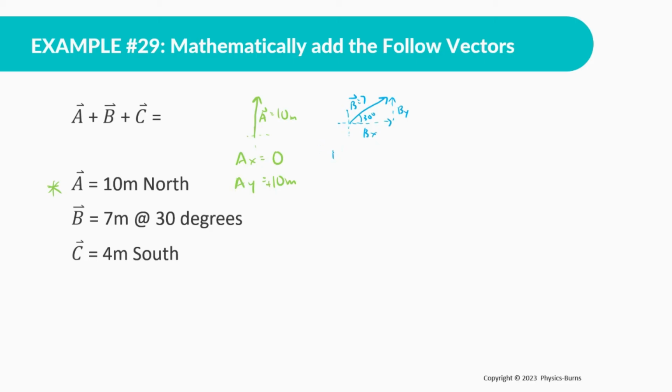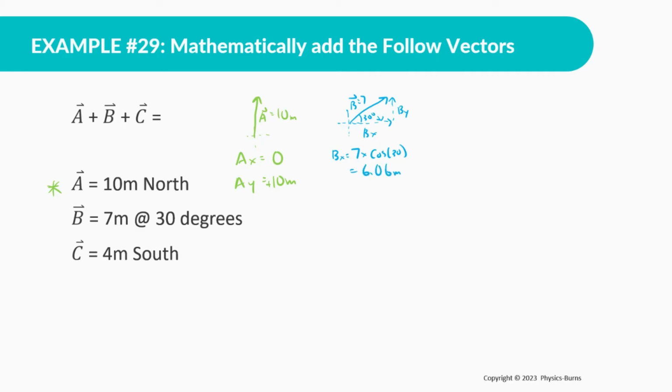Again, we're using SOHCAHTOA to do this. I'm going to first look for the adjacent side, so I'm going to use cosine. So I'm going to do 7 times cosine of 30. I put it in my calculator, because I'm too nervous. Sorry, it doesn't equal 3.5; the other side equals 3.5. All right, 6.06.